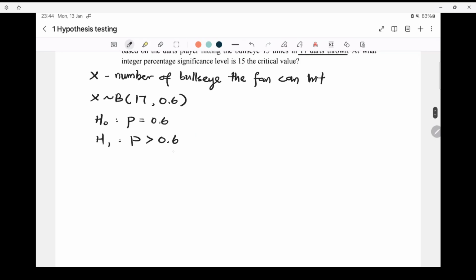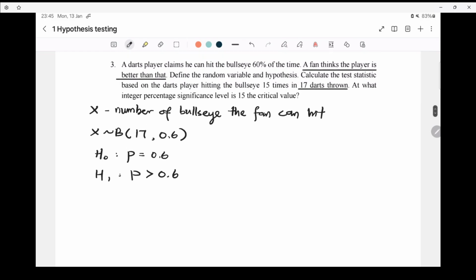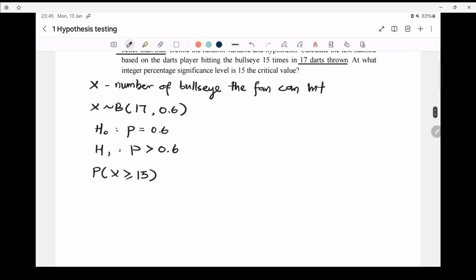So this H1 usually is given by the question. So now you hit 15 times. So X will be greater or equals to 15. So this direction follows what the question asks you to test.